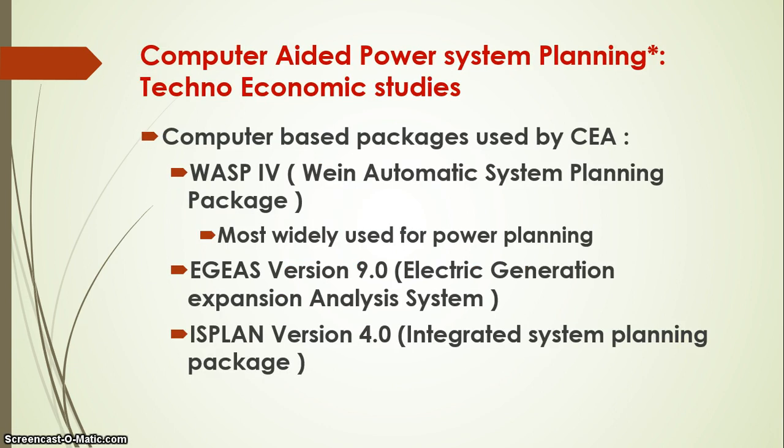So, coming to the computer-aided power system planning, computer packages used by CEA are WASP, WASP-4. It is a Wien Automatic System Planning package, and this is the most widely used for power system planning.